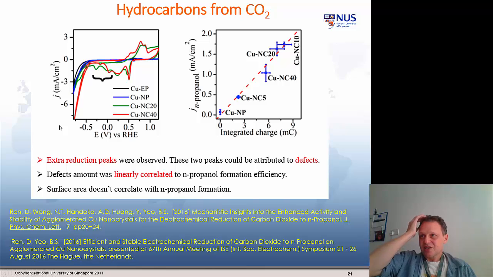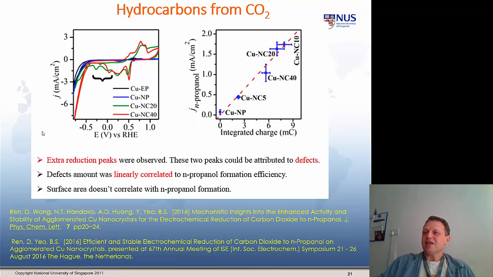To look at their products, they effectively were using voltammetry, changing the potential and looking at the current response. Now, they identified in their work, with more than one of their family of catalysts, extra peaks. You can see them here, and these they attributed to the presence of defects in the copper surface.